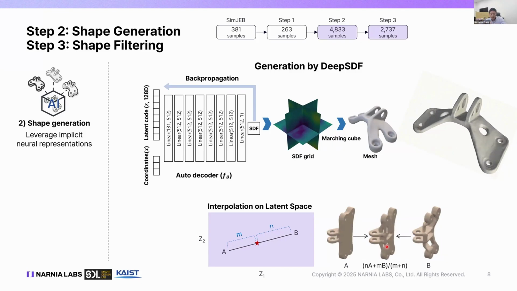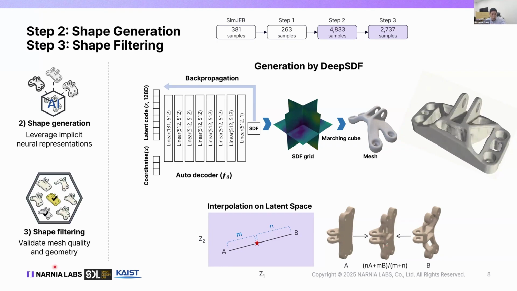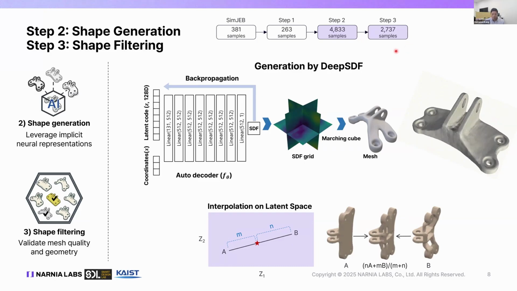However, generative models can sometimes produce irregular geometries. Therefore, step 3 was shape filtering. We identified and removed about 2,000 geometries that were torn or had disconnected regions, ensuring they were physically viable for analysis. And this resulted in 2,700 well-formed shapes.